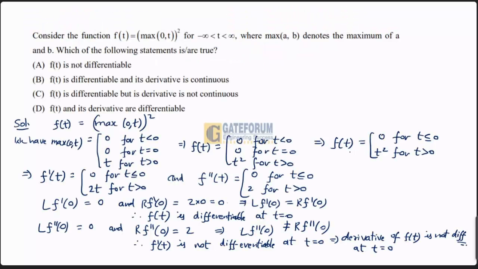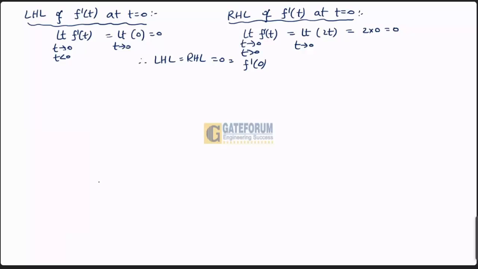See in this, f dash 0. In the first case, when we put t is equal to 0, you will be getting f dash 0 is equal to 0. So therefore, f dash t is continuous at t is equal to 0, implies derivative of f of t is continuous at t is equal to 0.